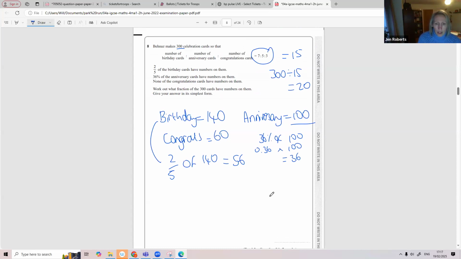None of the congratulation cards have numbers on them. So we've got 56, add 36, which gives us 92 out of 300 cards altogether. I'm just going to simplify it on my calculator by using this fraction button. Gives you 23 out of 75.